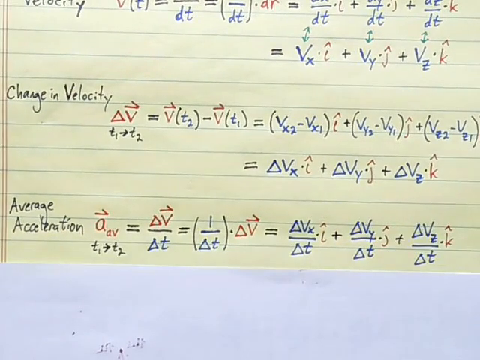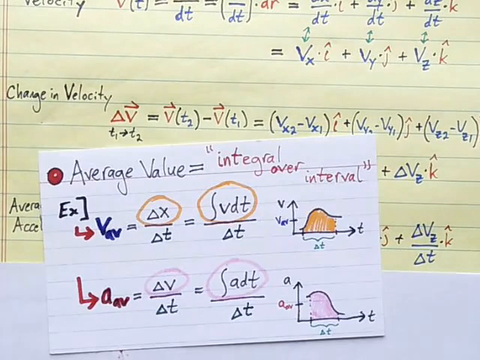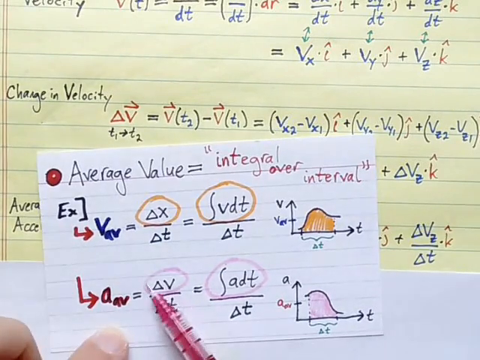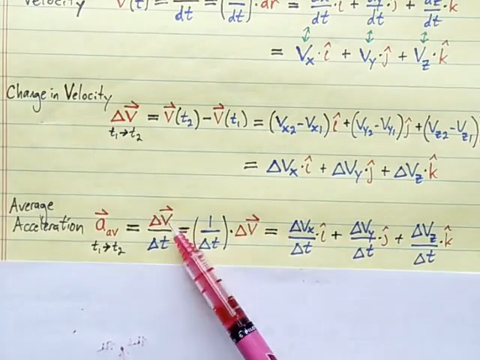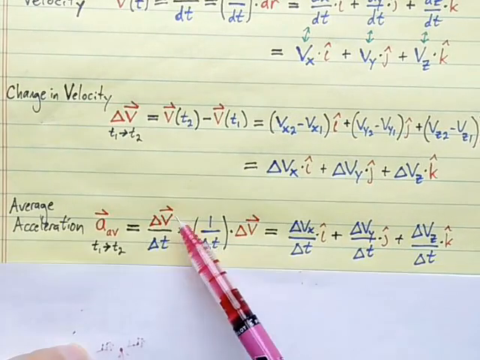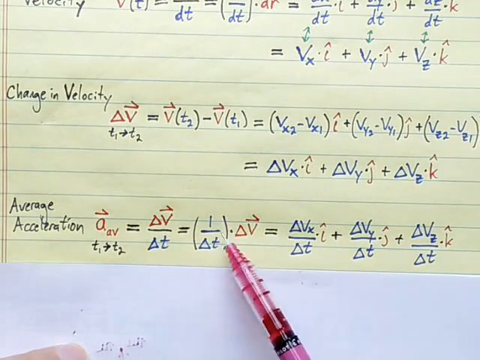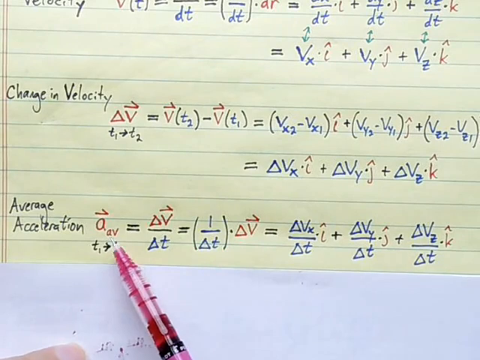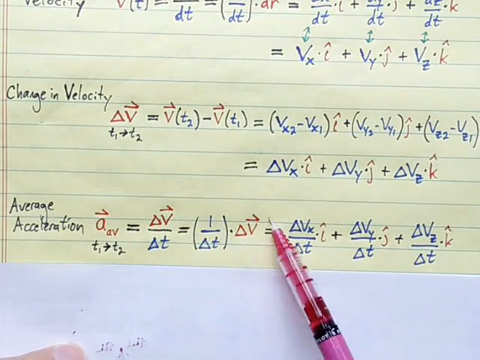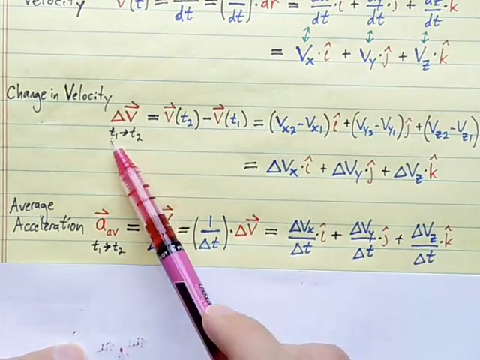Your average acceleration will come from this definition, delta v over delta t, except we're not in 1D now, we're in more than one dimension, so this delta v gets replaced by the delta v vector. That delta v vector divided by the time interval that elapses is 1 over the time interval, a scalar, times a vector, so your average acceleration from time 1 to time 2 points in the same direction as your change in velocity from time 1 to time 2.